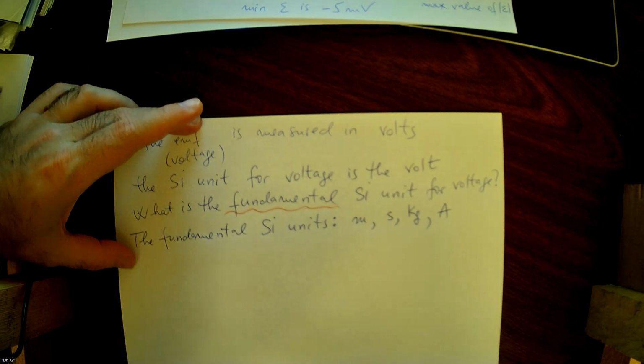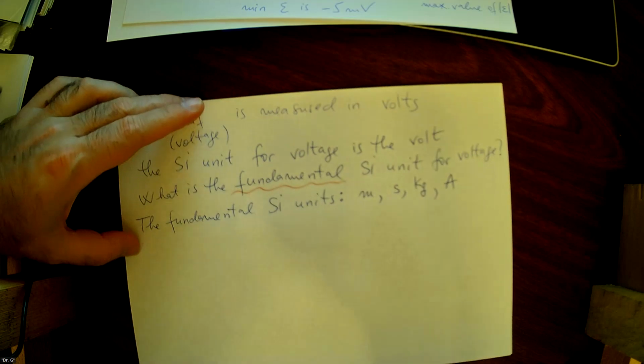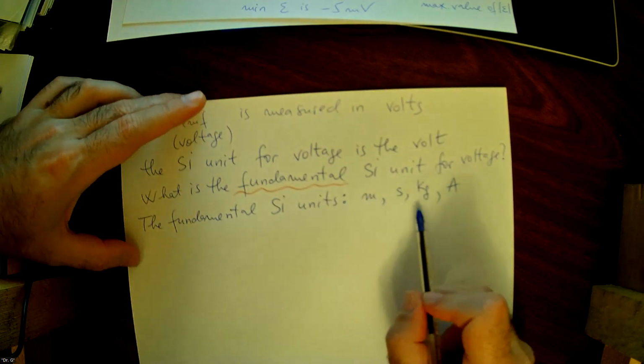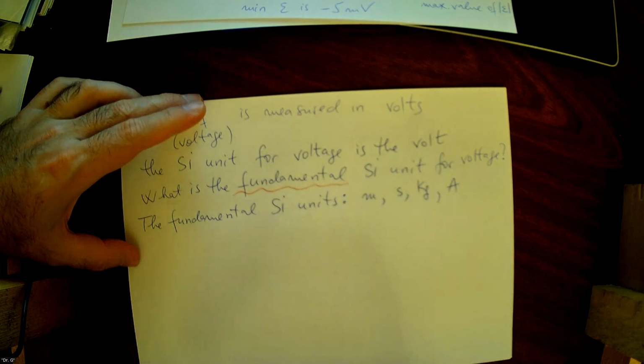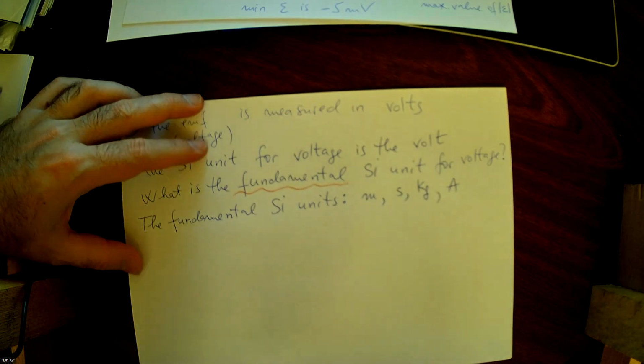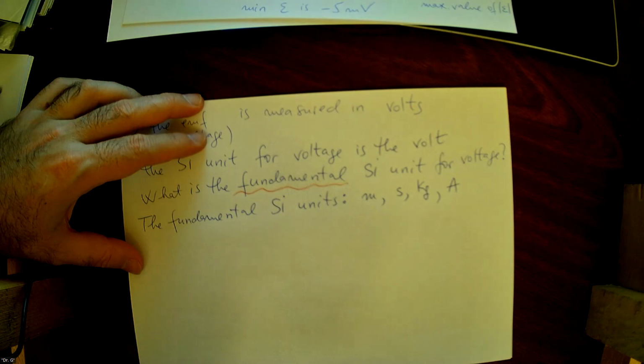Okay, so basically we need to express 1 volt in terms of meters, seconds, kilograms, amps. Now remember, the amp is the fundamental SI unit, not the coulomb, because electric currents can be measured based on the magnetic force between parallel wires with the electric currents in them.